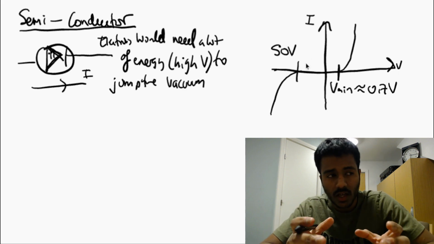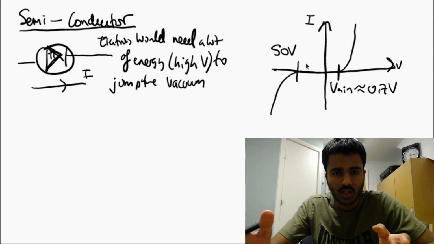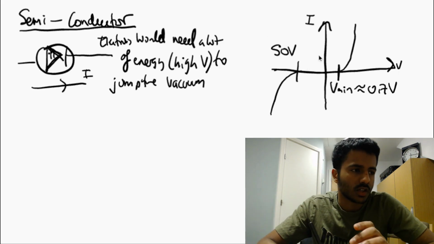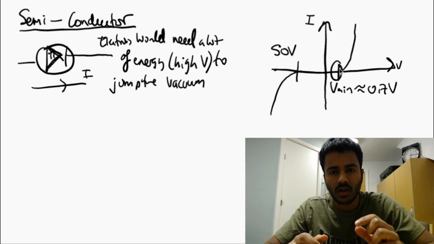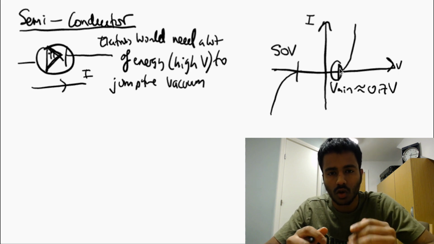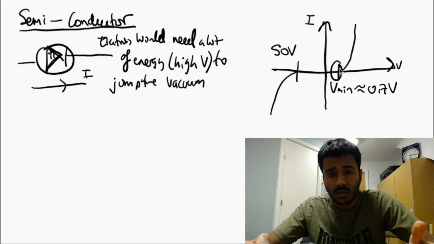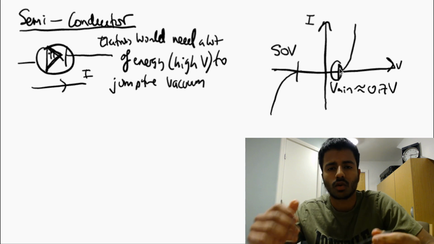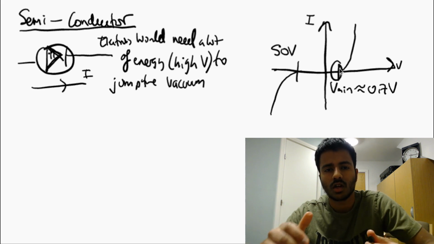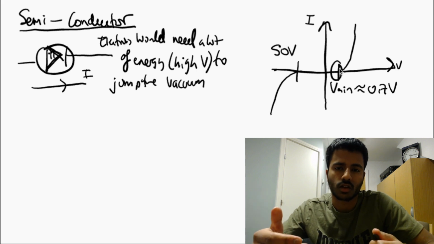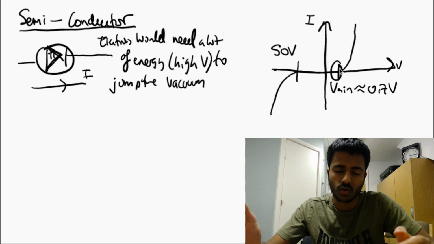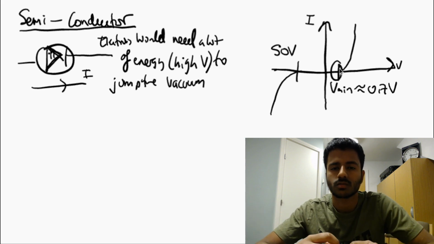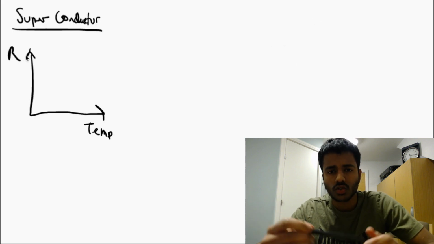But you can see here that once you pass that voltage on either side, let's look at this 0.7 volts, once you pass that, the resistance of the diode is very, very small, so it allows a lot of current to flow through. Diodes can be particularly helpful in circuits because they allow current to flow through in one direction, but will help stop it from flowing in the other. As in this case, you need a very high voltage in order to allow current to flow in the opposite direction. The last component is something called a superconductor.